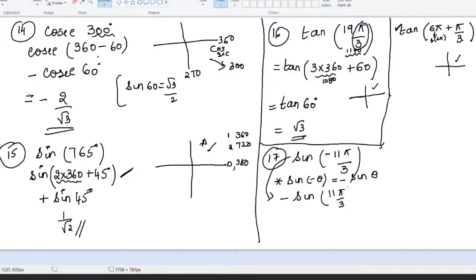Now quickly find out how much this is. Pi by 3 means 60 into 11. Check whether you are getting 660. Use your calculators. 11 into 180 whole divided by 3. What is the answer you are reaching? Is this value 660? So how many times can you subtract 360? How many times?